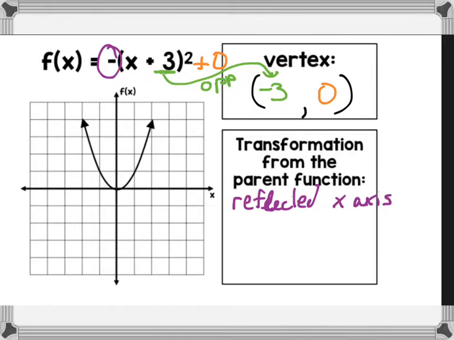So if I go to -3, that's going to be back to the left 3. And then I am going to be reflected over the x-axis. That means instead of going up, I'm going to go down. So I'm going to go over 1, down 1. Over 1 from there, down 3. So it's still that same steps, but instead of going up, I'm going to be going down. And then just drawing my parabola.